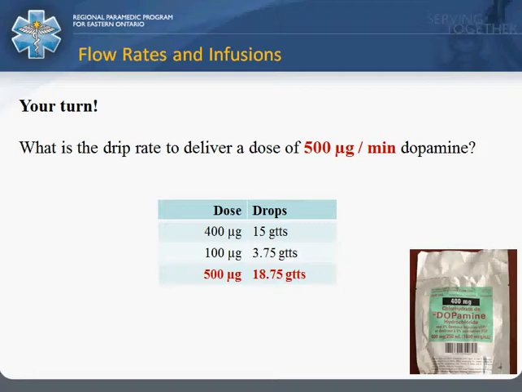And all I need to do is add up my drops. 15 drops plus 3.75 equals 18.75 drops. That's the same number I got last time, or 1 drop every 3 seconds. There we are. The easy way to do dopamine. Don't forget that one.